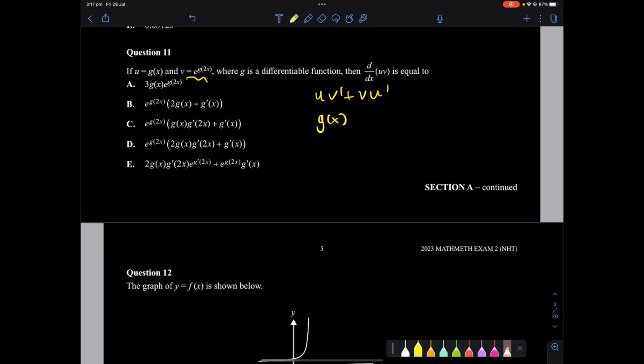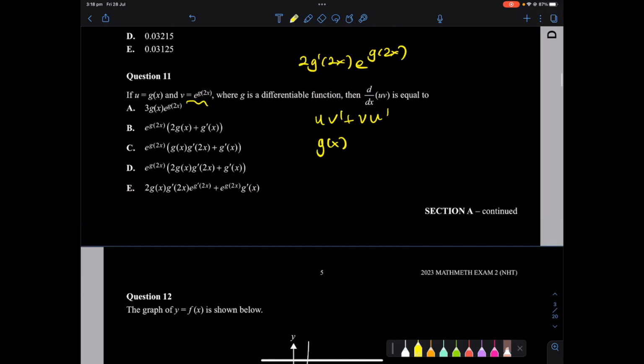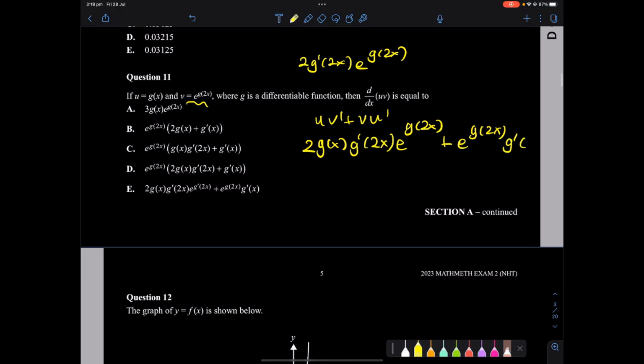The derivative of this will be 2g dash 2x e^g(2x). So it'll be 2g'(2x)e^g(2x), plus v, which is e^g(2x), multiplied by u dash, which is g dash of x.